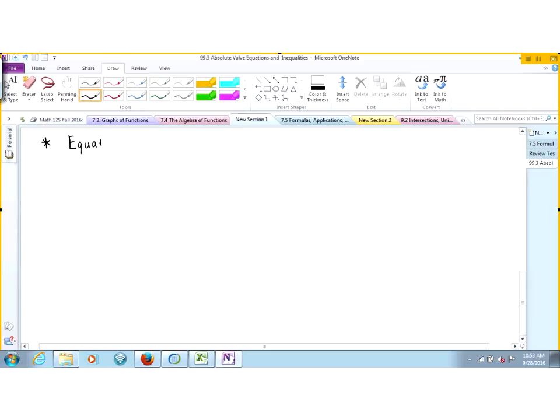So, but did you guys get the takeaway? What is the takeaway? When you have absolute value, how do we replace it? By the expression and the opposite of the expression, right? What about the other side? You don't touch the other side, right? If it equals 5, then you leave it as equals 5.